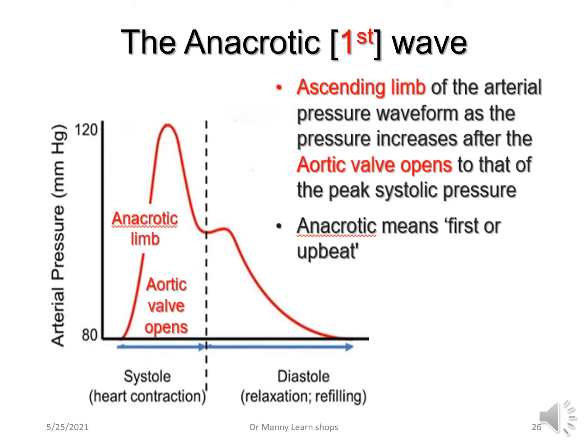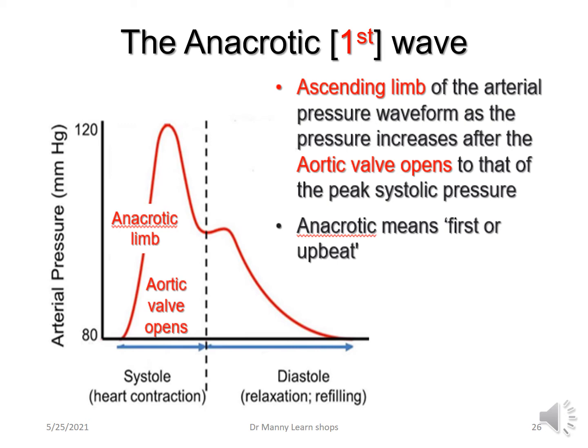When we look at the arterial blood pressure waveform, the first component that we're looking at is the anachrotic limb. This is the first part of the wave. And if you look at the diagram, you can see the anachrotic limb begins when the aortic valve opens. And it's the ascending limb of the arterial pressure waveform as the pressure increases after the aortic valve opens and it eventually becomes the peak systolic pressure.